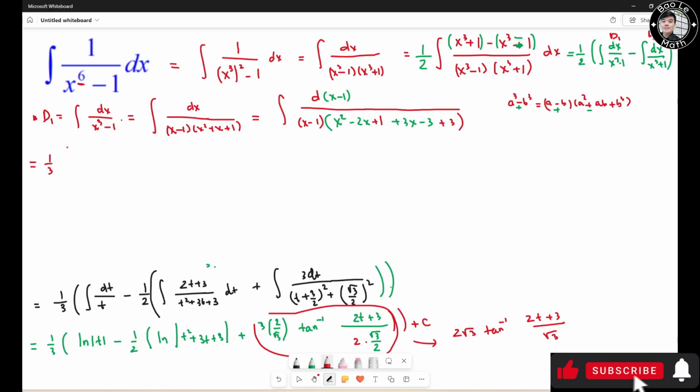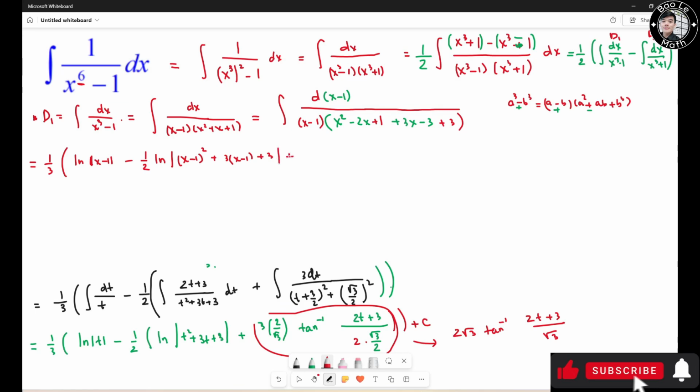1/3 parenthesis natural log of s minus 1, right? Minus 1.5 natural log of absolute value of s minus 1 altogether squared plus 3 times s minus 1 plus 3, right?